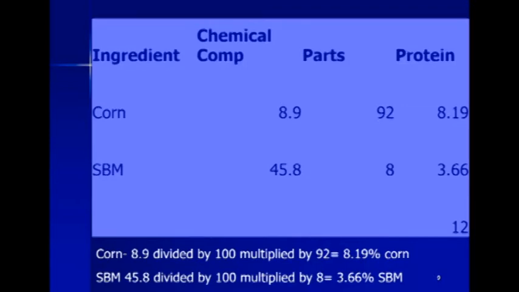Basically, this technique is useful when someone is preparing a concentrate mixture, and then he will ask the farmer to use the grain available at his or her home for feeding to the animal. So, if we look at this example, we have soybean meal, 8 parts. So if we have a packet of soybean meal with 8 parts, we will recommend our farmers that they mix 92 parts of corn so that it can provide 12% protein to their animal feed.